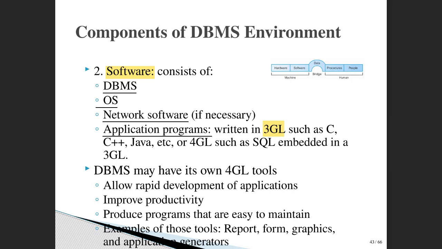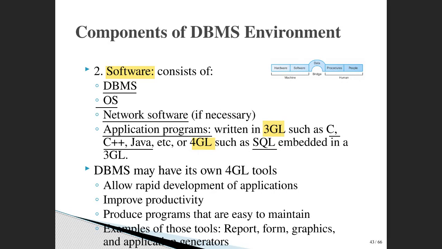Third generation languages, or programming languages, are like C, C++, Java, and fourth generation languages like SQL, which is embedded in a third generation language. Okay, so an application program is written in a third generation language or a fourth generation language.